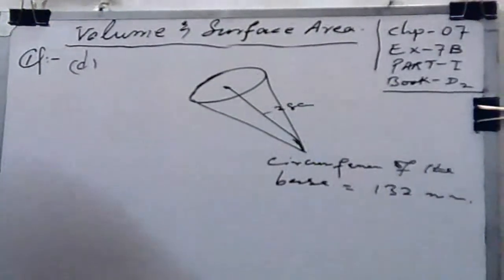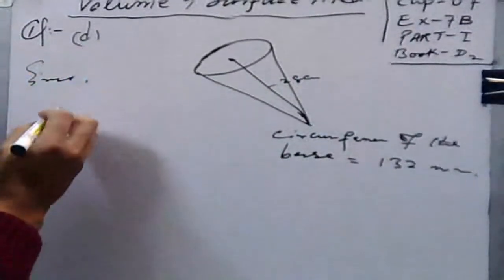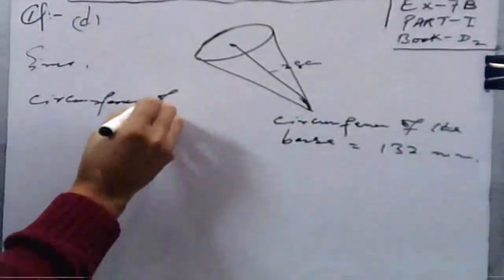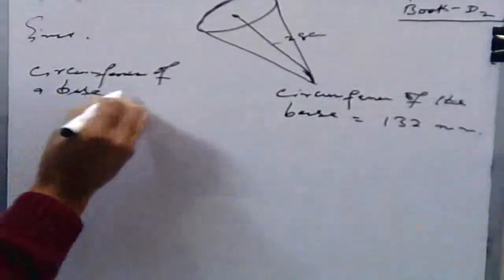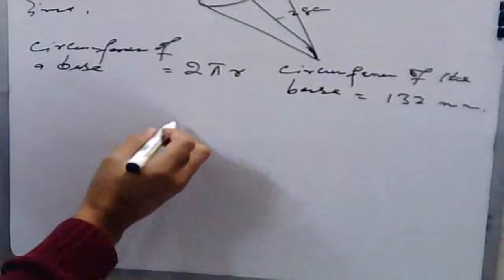Since that is the circumference of a base, circumference of a base is equal to 2 pi r.